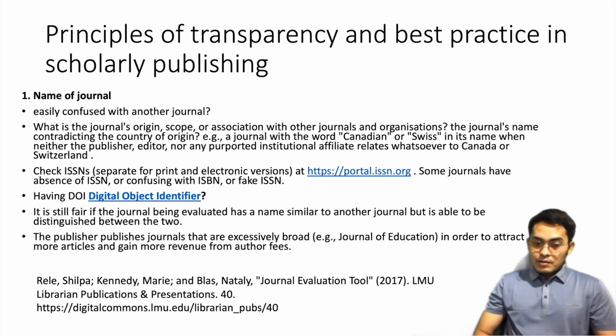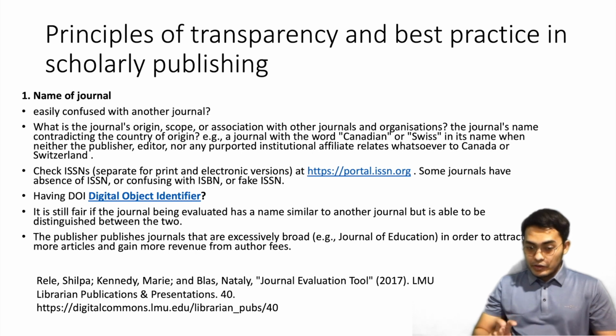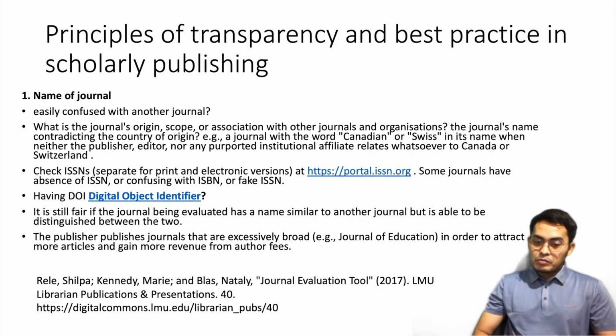Based on the Cabell's list criteria, it is still fair if the journal being evaluated has a name similar to another journal but is able to be distinguished between the two. So even if they are similar, if we are able to differentiate them, it's still okay.